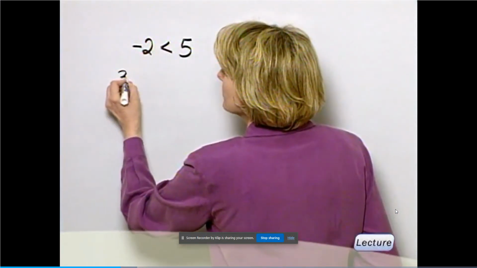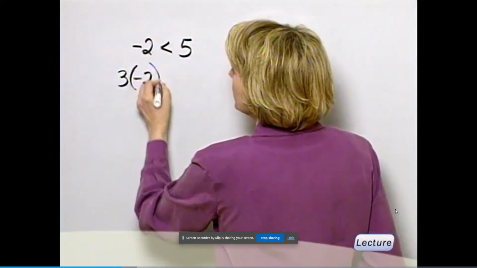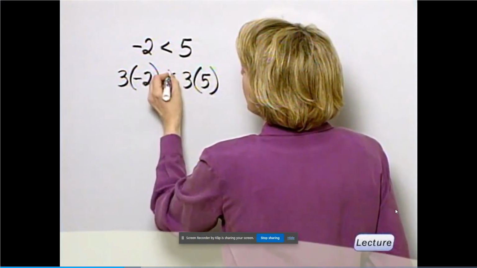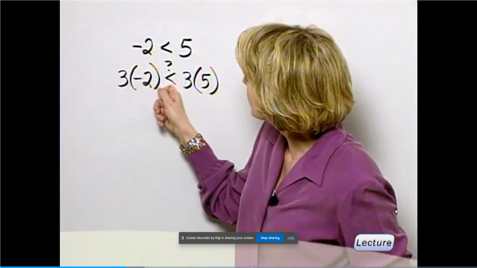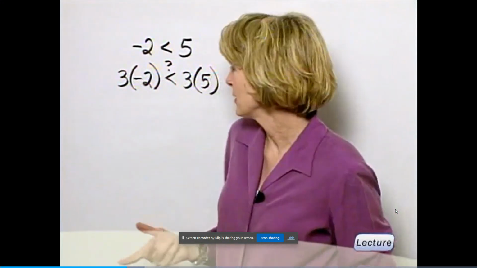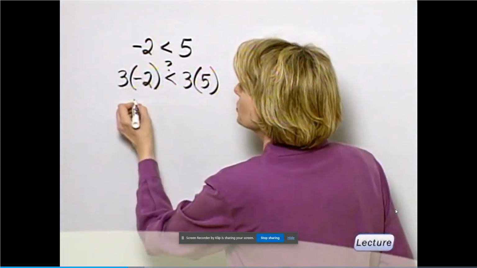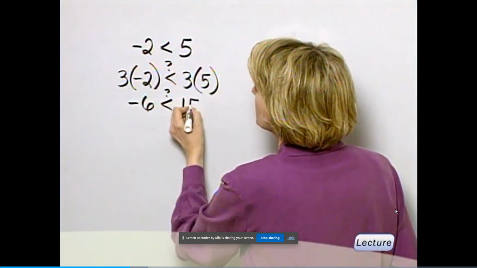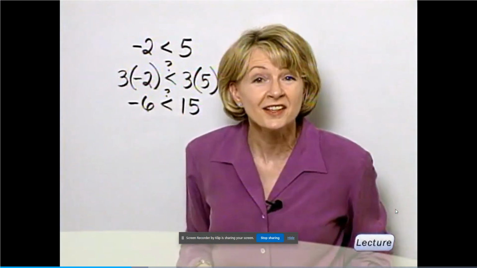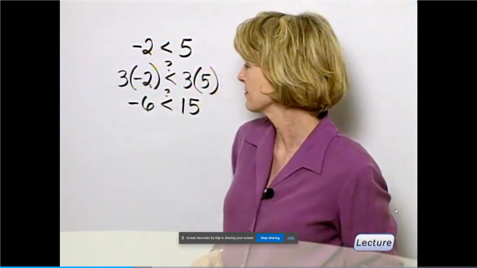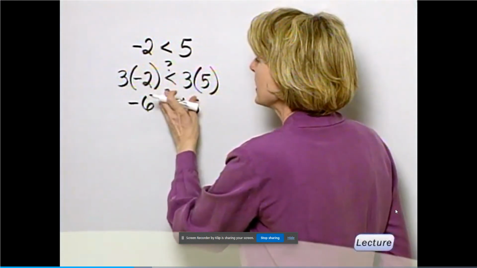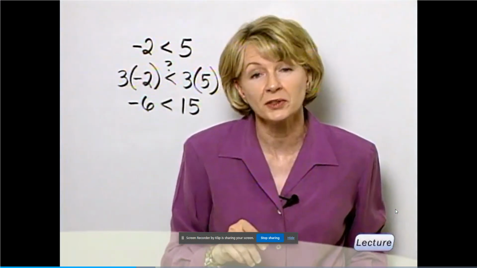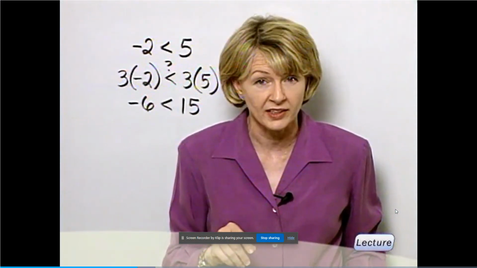Let's multiply the left side by 3 and the right side by 3. And my question is, does this inequality remain the same? Well, let's see. 3 times negative 2 is negative 6. 3 times 5 is 15. Is this still a true statement? The answer is yes, because negative 6 is less than 15, so we can multiply both sides of an inequality by a positive number.